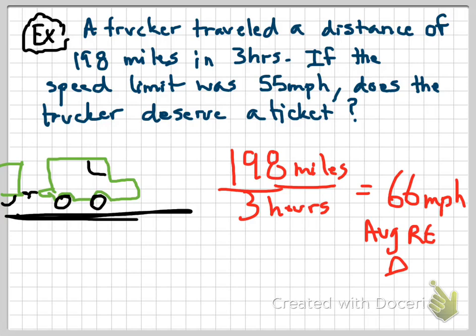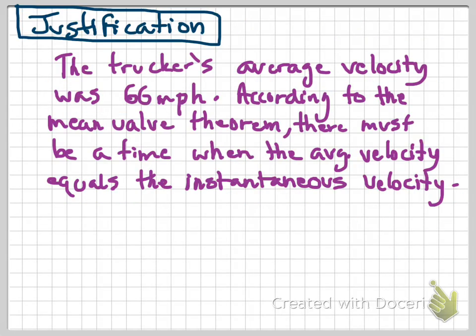So we're going to write a justification that explains this. Here is how I would write my justification on an AP test. I would say the trucker's average velocity was 66 miles per hour. According to the mean value theorem, there must be a time when the average velocity equals the instantaneous velocity.